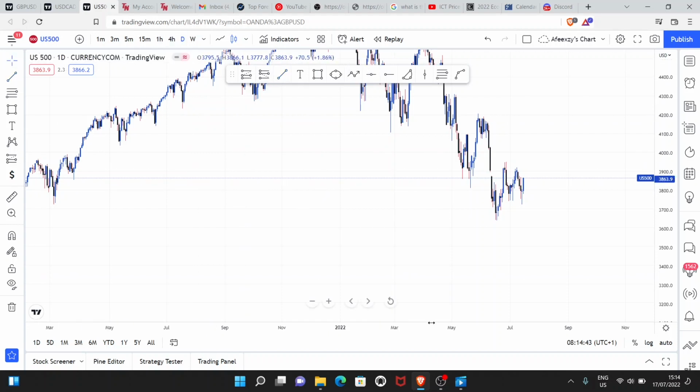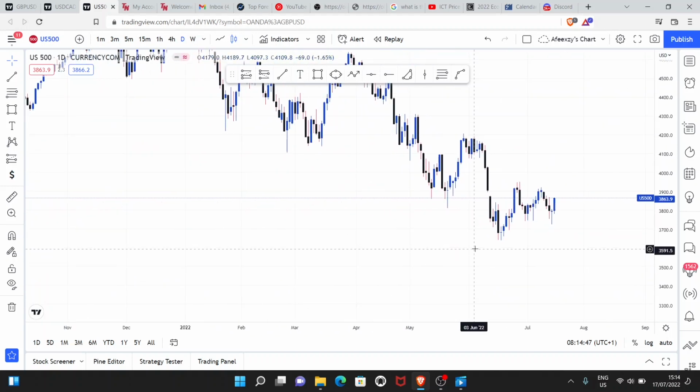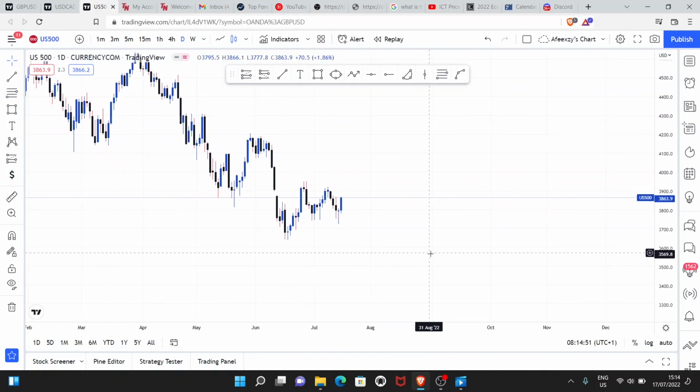On daily time frame, let me zoom out. Okay, let's make use of this zone. From daily time frame, I can see some kind of little grab of liquidity here.